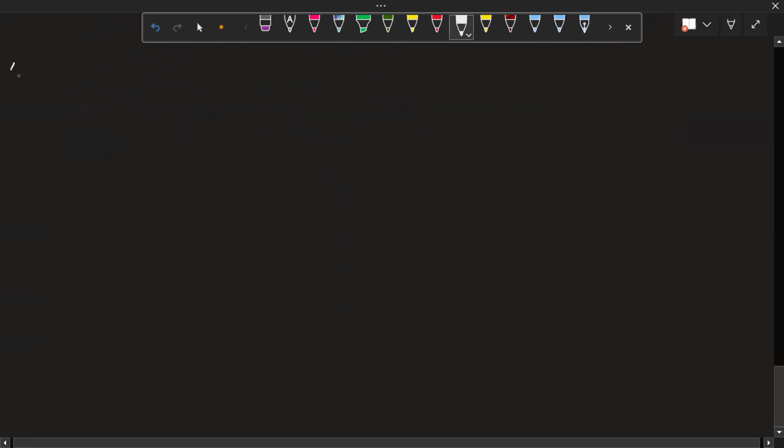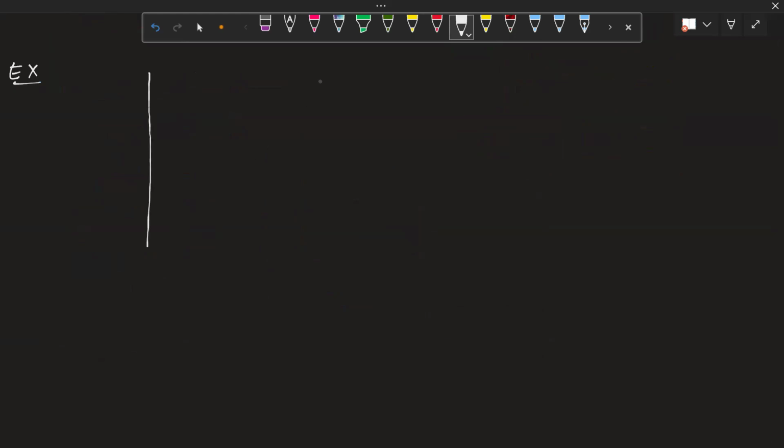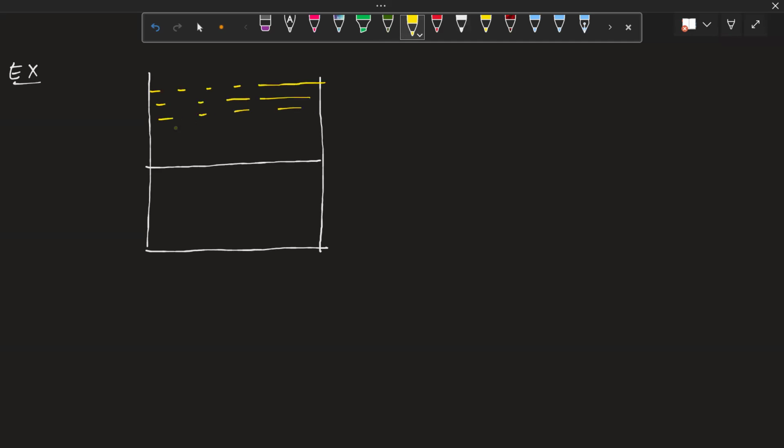Now, if I take one example, this is a very good example. Let's suppose I have a container in which I have kept two types of liquids. One liquid you can see at the top here, that is having density rho 1.